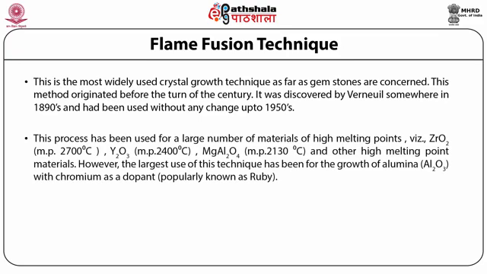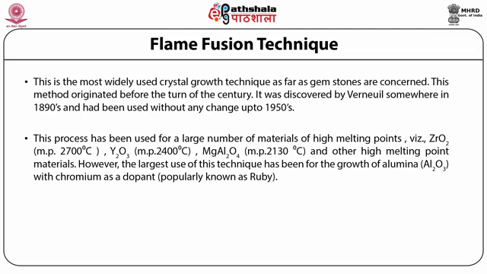This process has been used for a large number of materials of high melting points, namely ZrO2 with a melting point of 2700 degrees centigrade, Y2O3 having a melting point of 2400 degrees centigrade, MgAl2O4 having a melting point of 2130 degrees centigrade, and other high melting point materials.